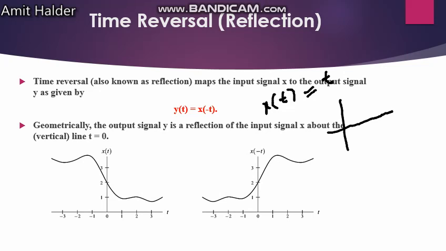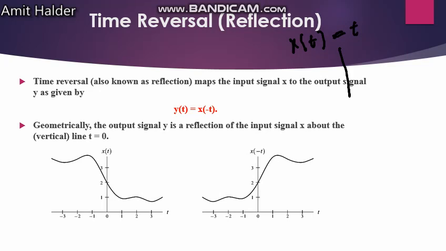That means the value of x is equal to the value of y. 1 is 1, 2 is 2. So the plot will be like this. That is popularly known as a straight line that crosses the origin.